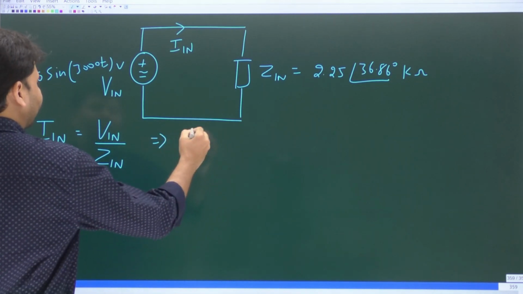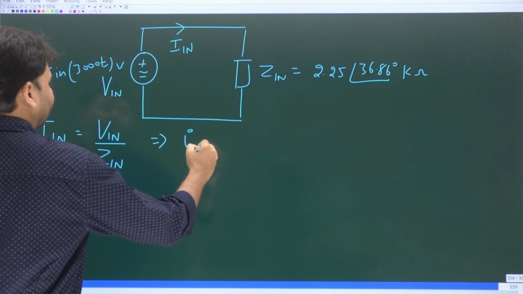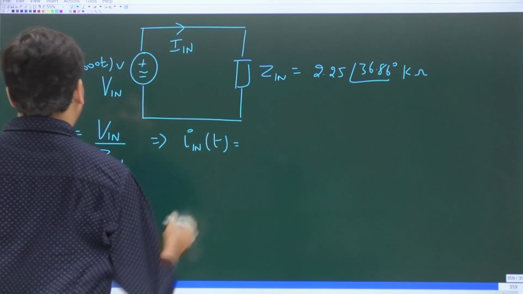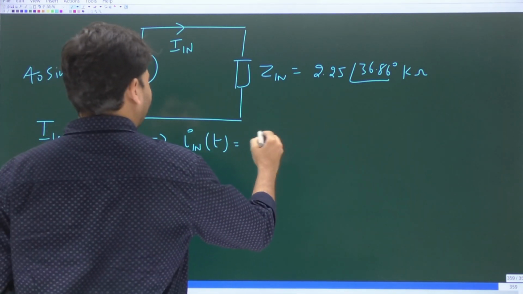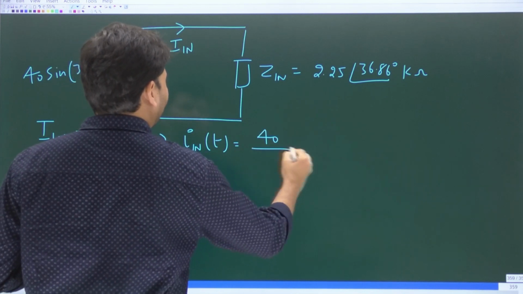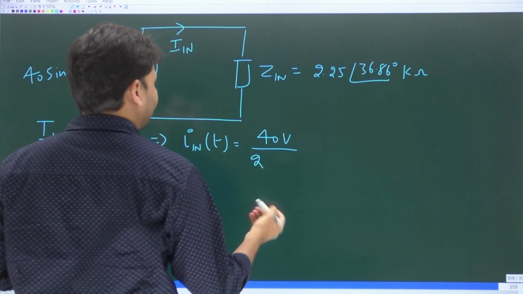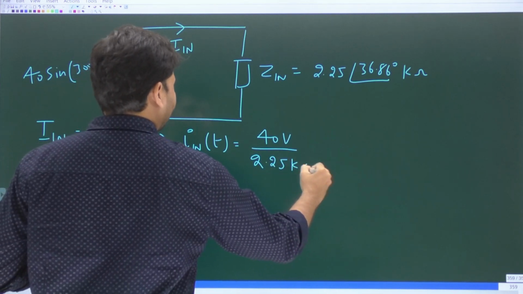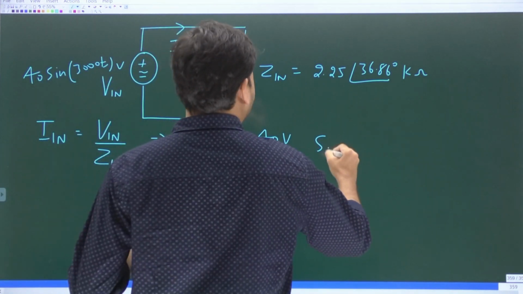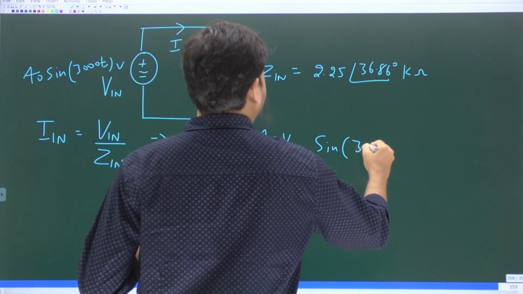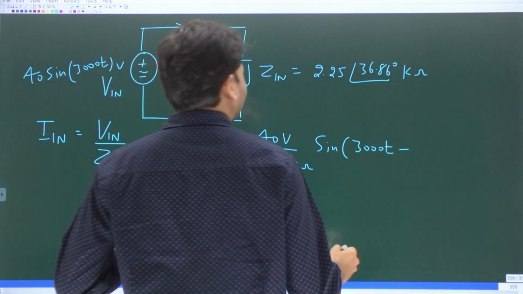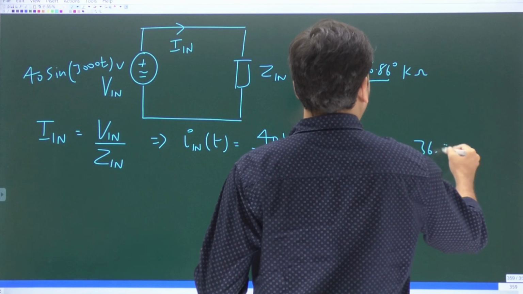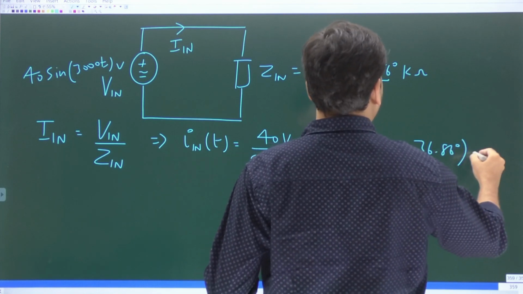So from here I think we can directly write the input current as a function of time. Would it not be 40 volts divided by 2.25 kilo ohms, and then sine of 3000 t minus 36.86 degrees?